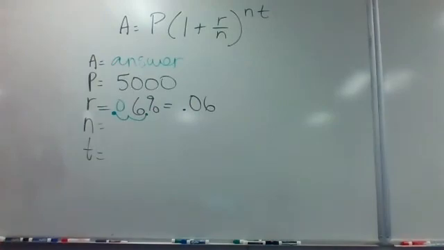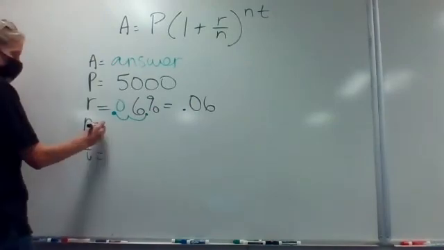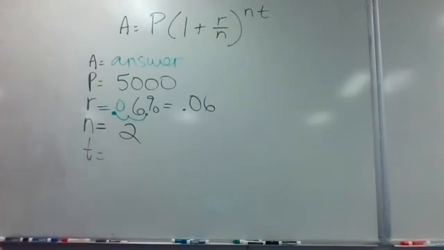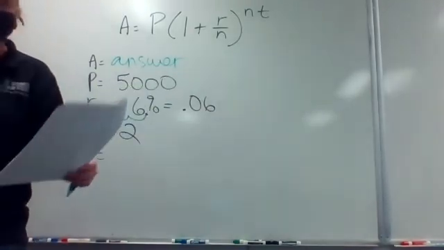Compounded semi-annually. So the number of times, if you're compounded semi-annually, you're compounded twice a year. If the CD matures on her 11th birthday, how much money will be available?